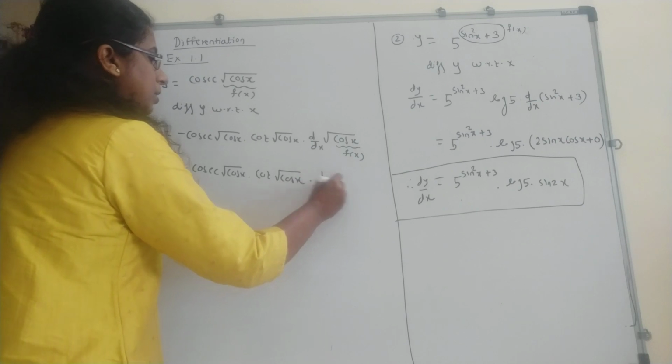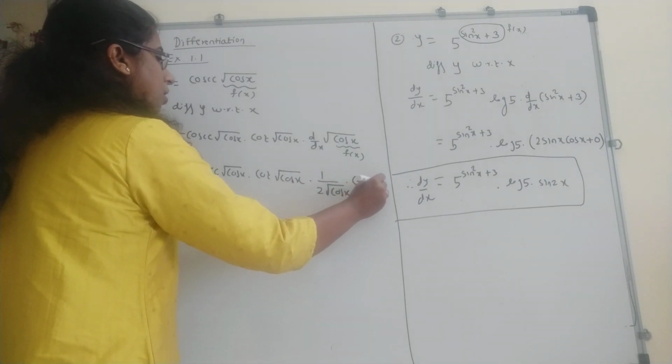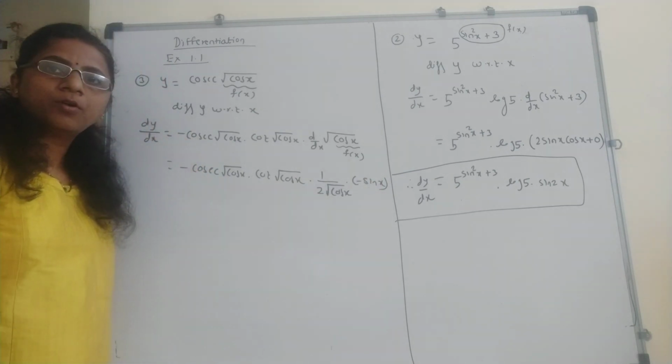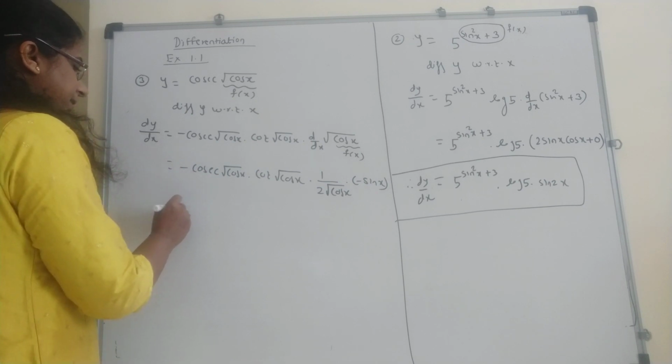So this is 1 upon 2 root of cos x multiplied by derivative of cos x. Derivative of cos x is minus sin x. This minus and this minus we write as plus.